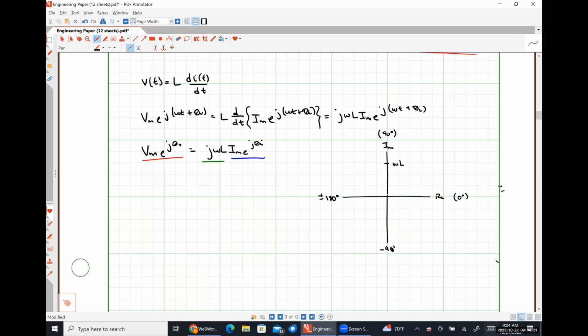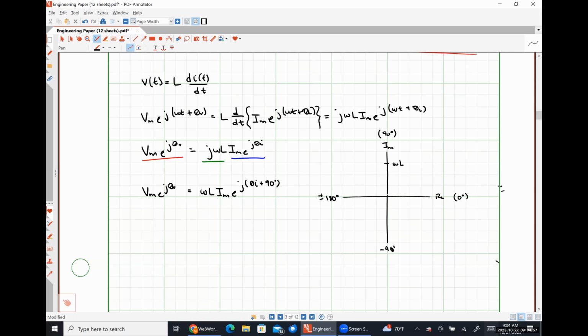Okay. So I could rewrite this as omega L times Im e to the j(theta I plus 90 degrees), because if I multiply e to the j theta I times e to the j 90 degrees, I just get to add those arguments of that exponential function together.